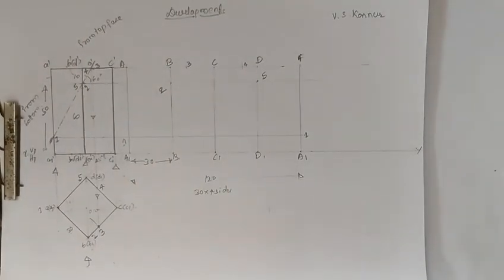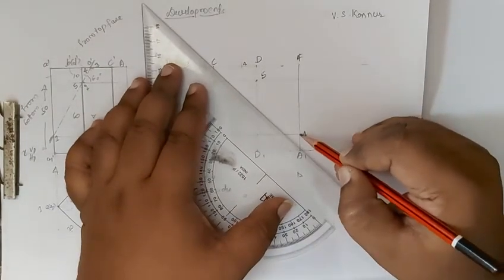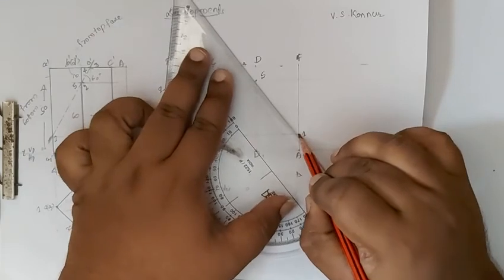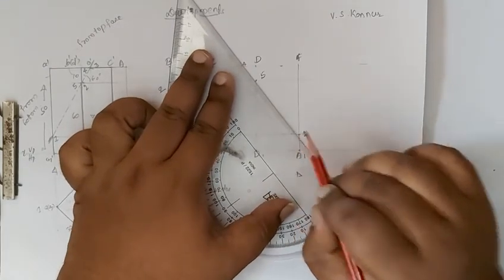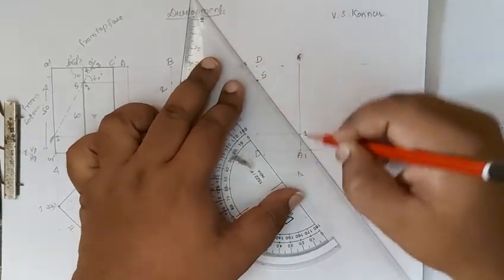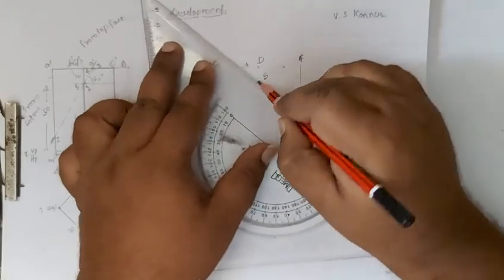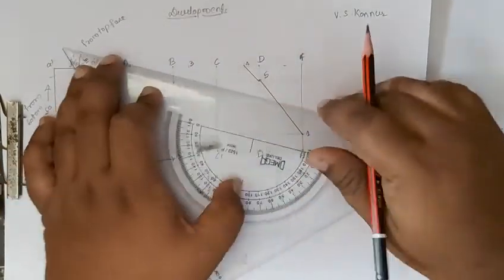Now we'll join all the points: 1 to 2, 1 to 5 I will join. Next 5 to 4.